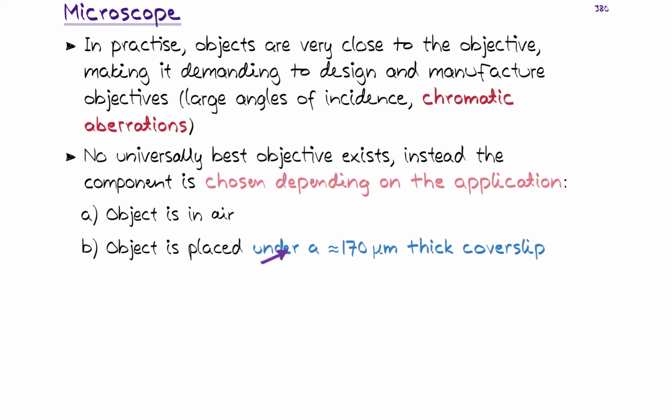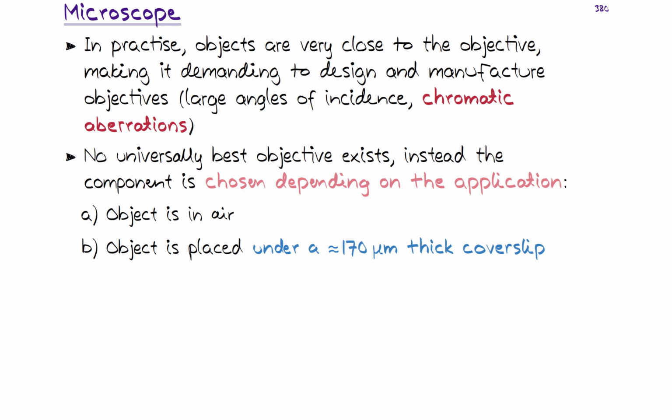This is often used when you have sliced samples of your biological substance. You take a biological sample and slice it into thin pieces, you put it between cover slips, and then you are imaging, inspecting, those samples.